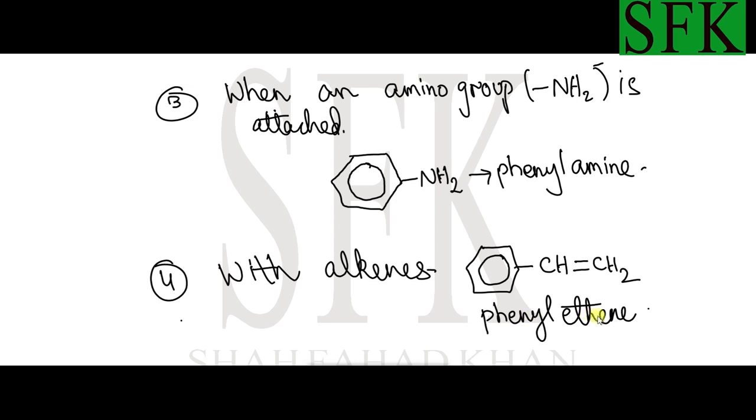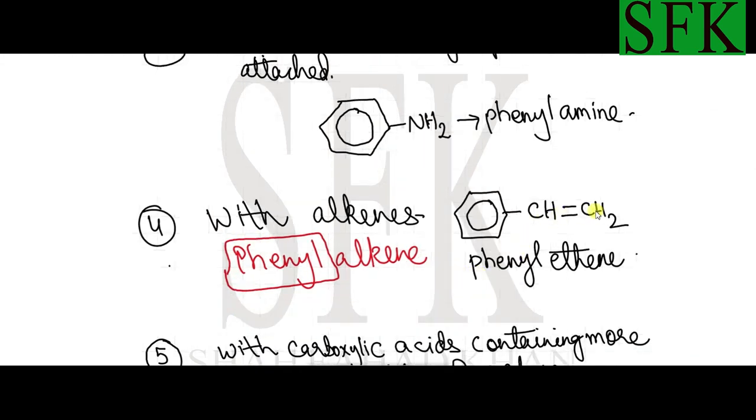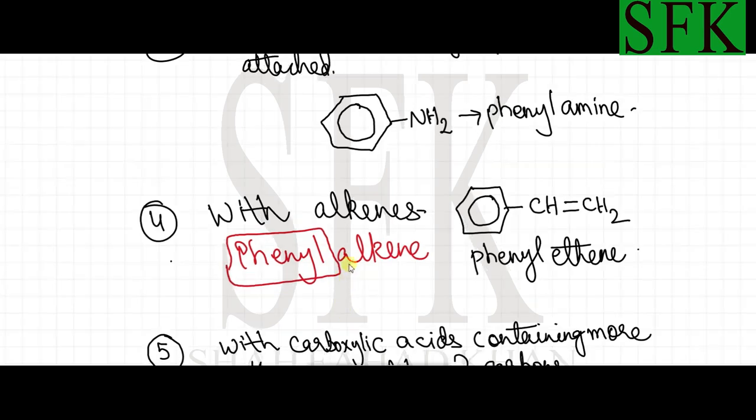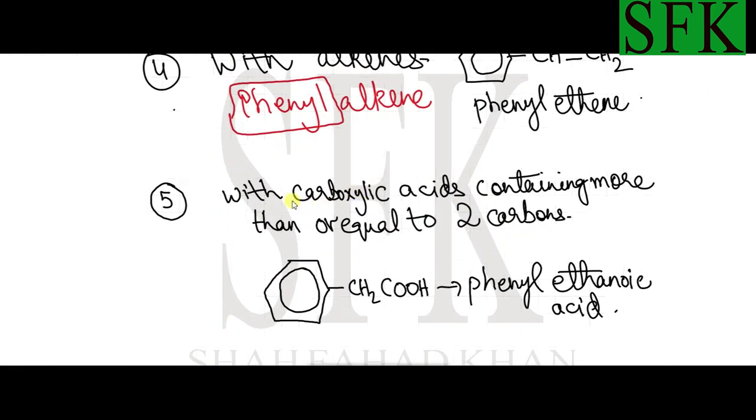So phenylalkene is the general form over here. Again, benzene is a substituent, and whenever benzene is a substituent, it's named as the phenyl group. In this case, we have 2 carbon atoms, so the name becomes phenylethene. The alkene containing 2 carbon atoms is ethene.